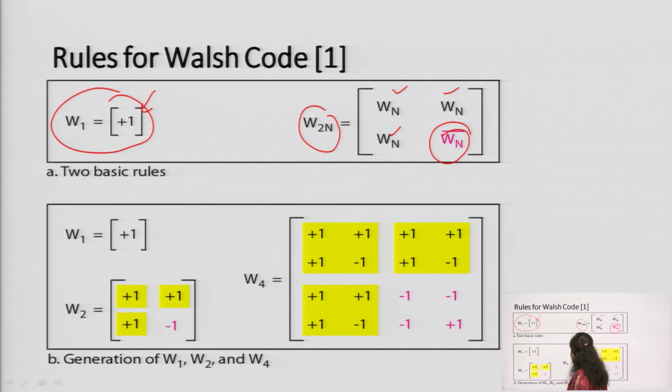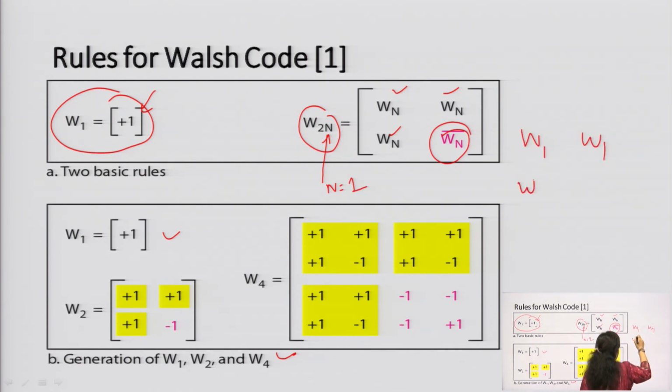So generation of W1, W2 and W4 is denoted by this. This is W1, and W2 is generated when n is equal to 1: W1, W1, W1 and W1 bar. So you have to generate this data.